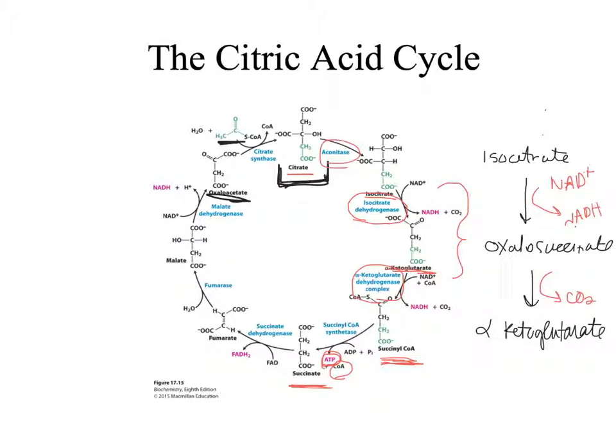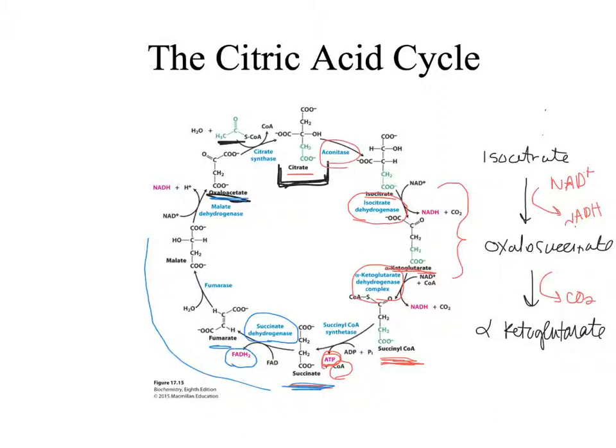That succinate is then going to go through a multi-step process by which the sole purpose is to regenerate this oxaloacetate. So succinate is going to be oxidized to form fumarate, and it's done so with the enzyme succinate dehydrogenase. We'll see this is the step where we produce another one of those electron carriers, FADH2.